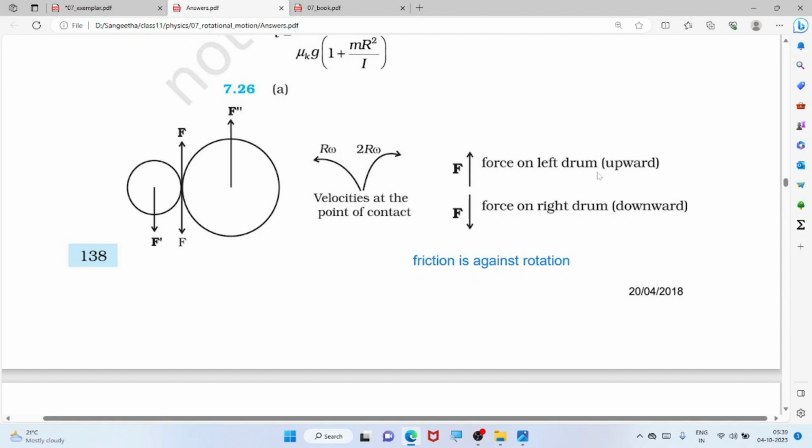The force on the left drum, the smaller drum, will be upward. The force on the right is downward. This is the direction of the angular velocity: this is anti-clockwise and this is clockwise. The friction is against the rotation.